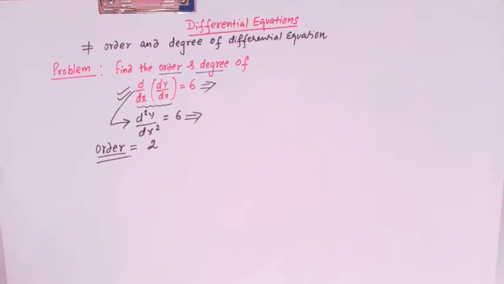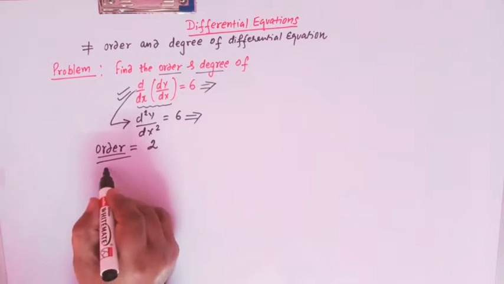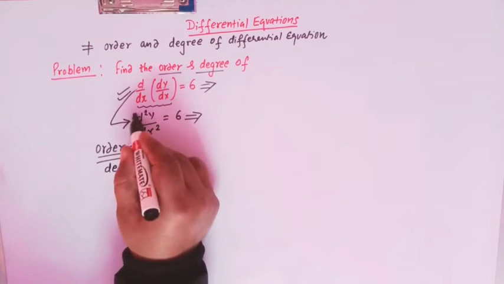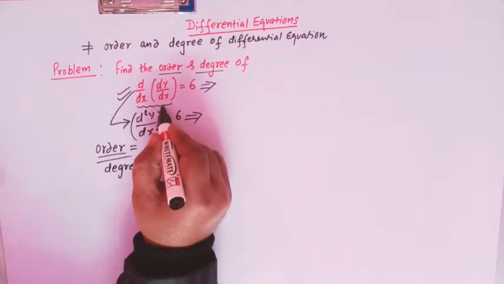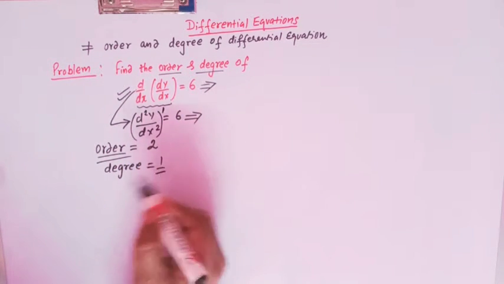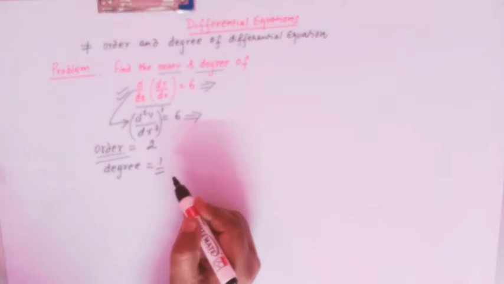And now what is the degree of this differential equation? The degree is the degree of this term, that is 1. So let us define the degree of a differential equation.